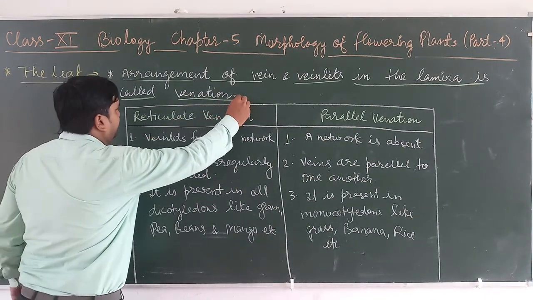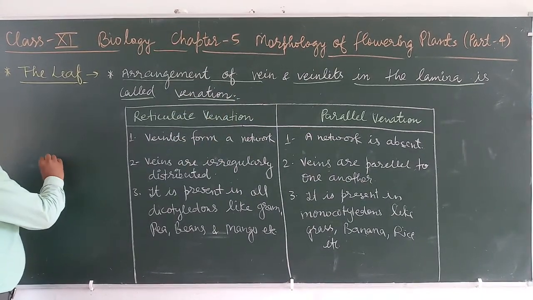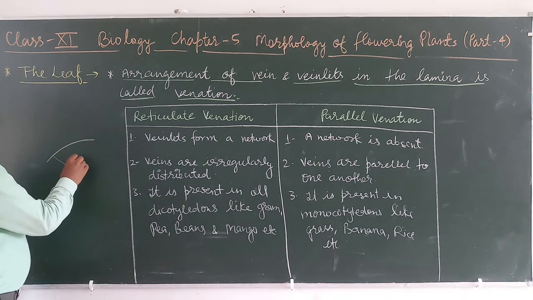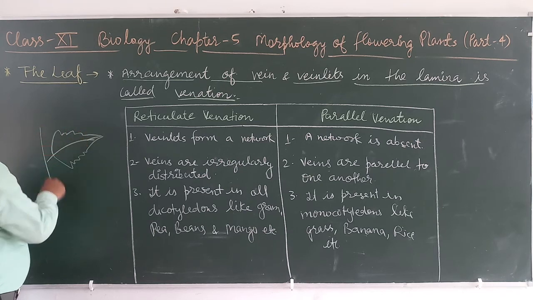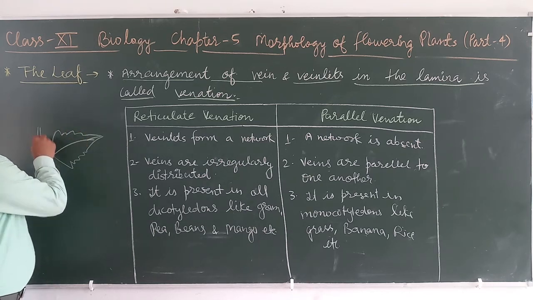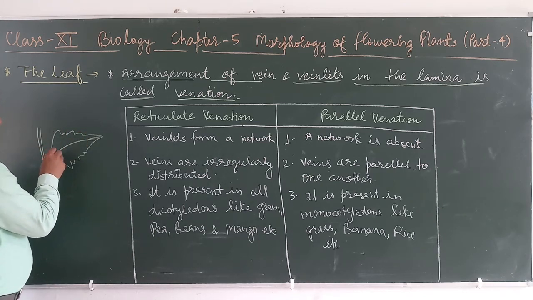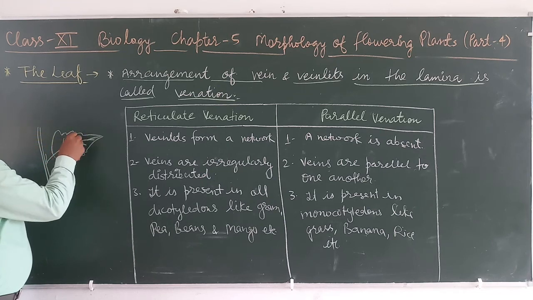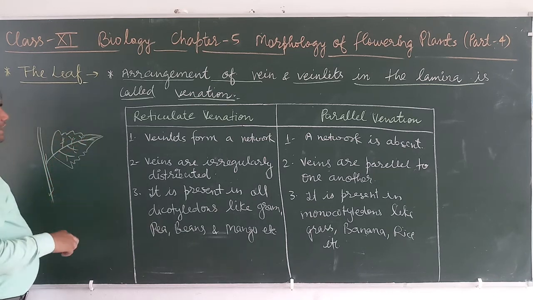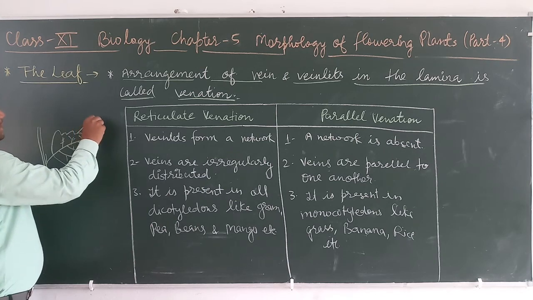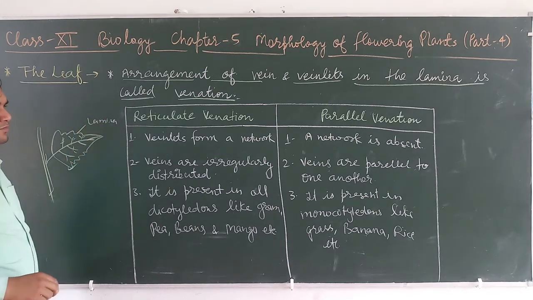You can see in this simple figure, attached with a stem, this arrangement of the veins and veinlets in a lamina is called venation.